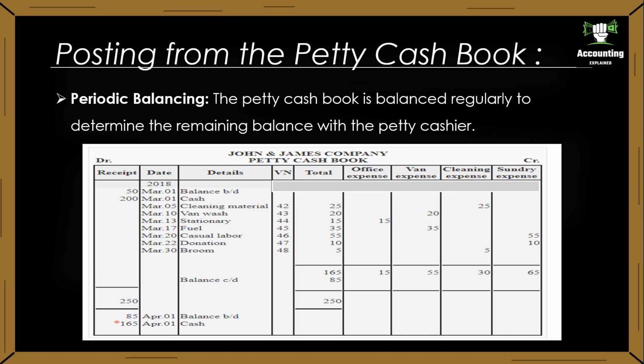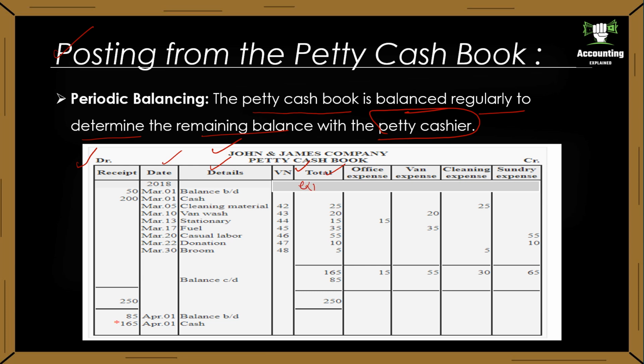Now we are going to see posting from the petty cash book. Okay, how we are going to post from the petty cash book to the main book. The petty cash book is balanced regularly to determine the remaining balance with the petty cashier. This is the petty cash book of John and James Company. There are columns here: receipt, date, details, voucher number, total expenses.